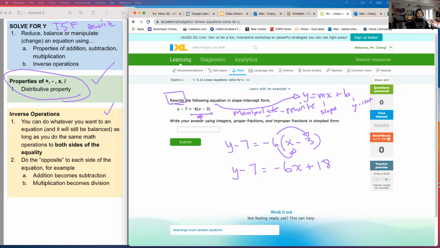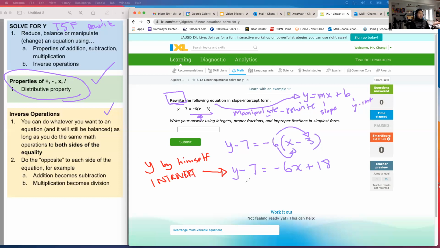Now my step 2 is I want to get y by himself. He doesn't want to be with the 7. Y is an introvert. Introverts want to be alone.